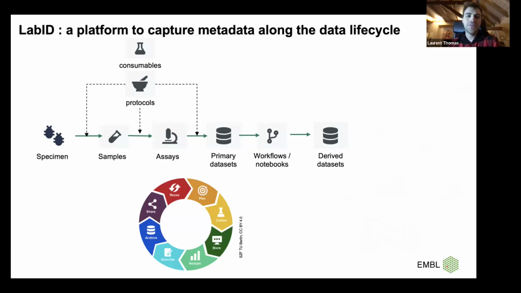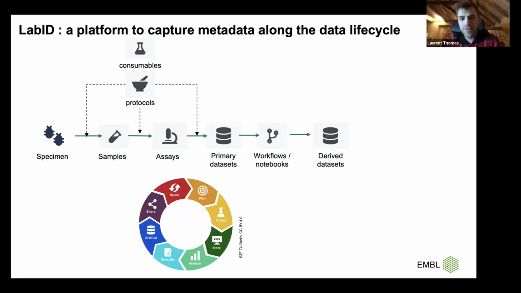So the idea of LabID is to capture metadata at several steps of the data life cycle. If we look at the traditional biology experiment, this will start with the biological specimen from which some sample would be extracted, and the sample would then be analyzed via some assays. So might be some microscopy imaging, for instance.